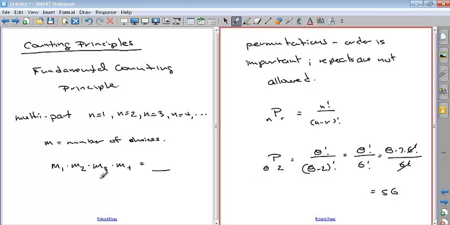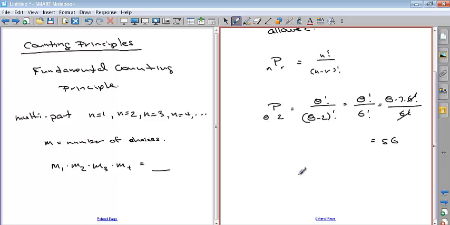And how it relates to the fundamental counting principle is that when you pick a president, say a president and a secretary, when you choose the president, which is step one, you've got everybody to choose from. So you have 8 choices.